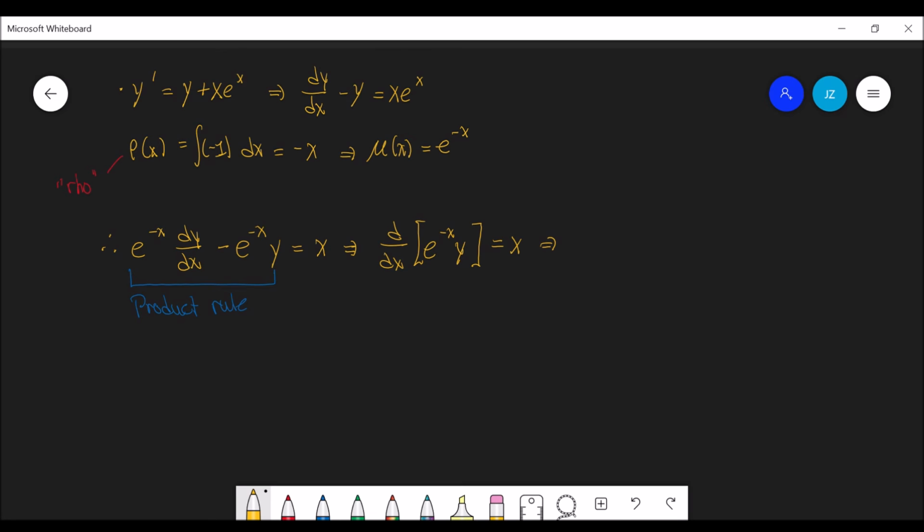So if we integrate both sides, we're going to get e to the negative x y is equal to the integral of x dx, which is, of course, x squared over 2 plus an arbitrary constant. Therefore, y of x is e to the x squared all over 2 plus c e to the x.